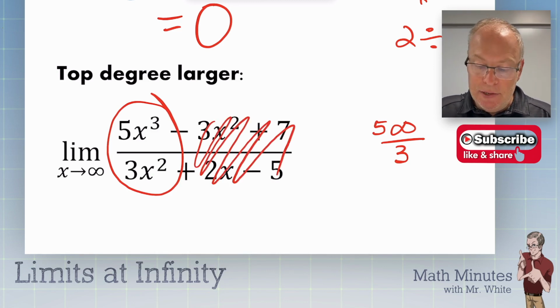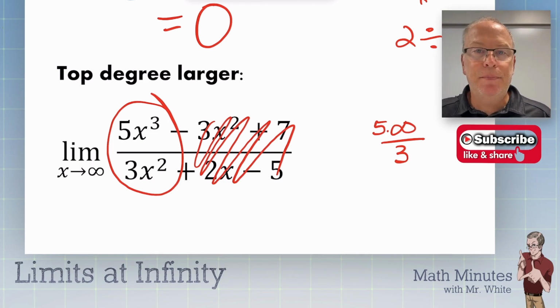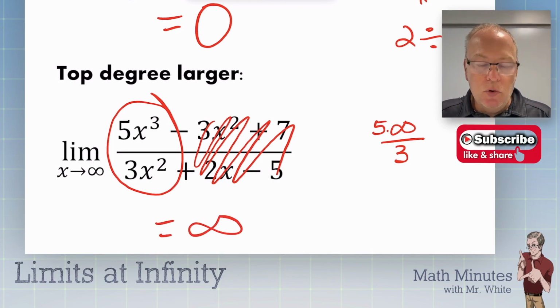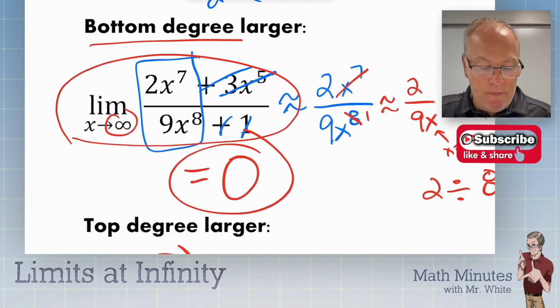So the answer ends up being 5 infinity over 3. That's the same thing as saying infinity. Just a really big number, folks. So the answer is infinity. So when the top wins, the answer is infinity if we're talking about an infinite limit. When the bottom wins, the answer is 0 when we're talking about infinite limits.